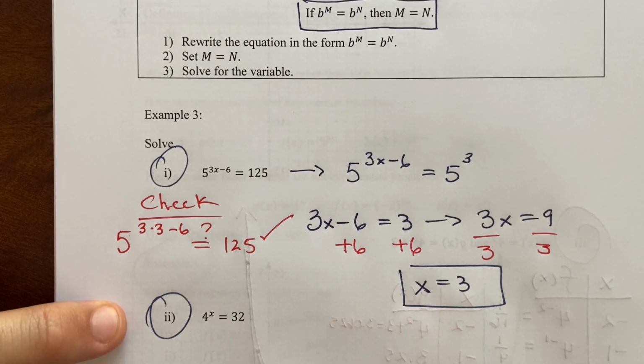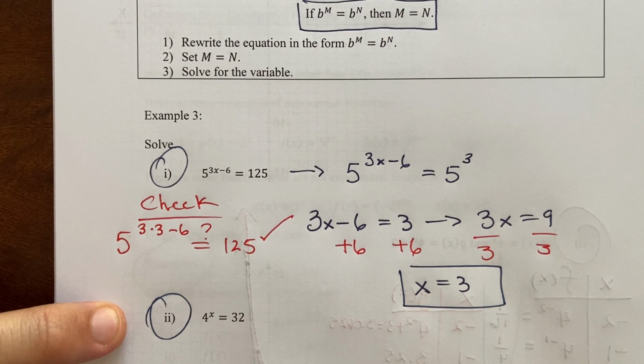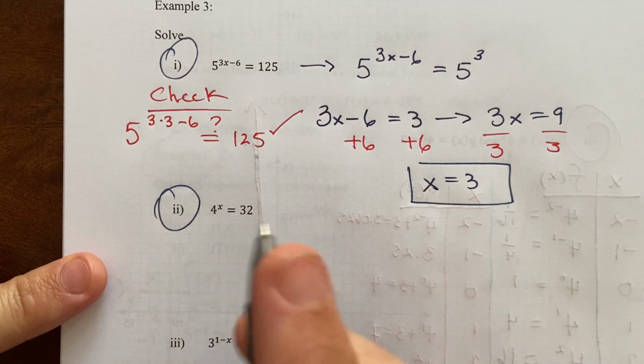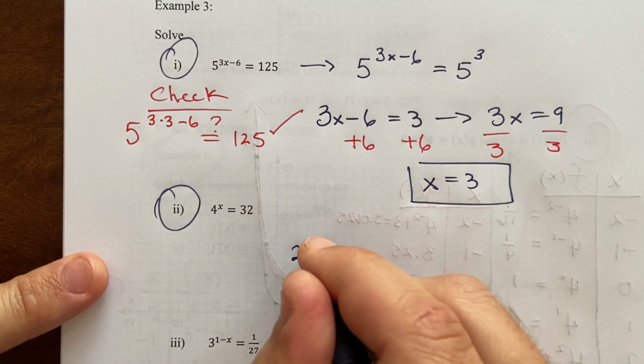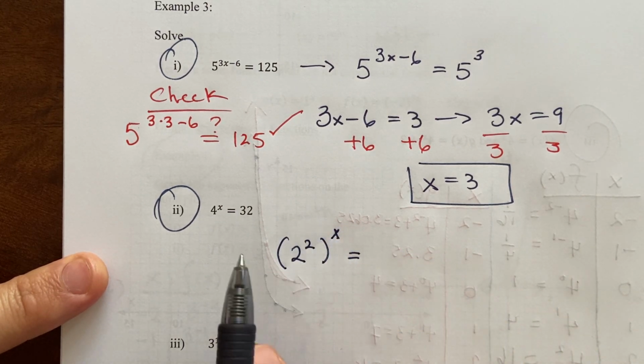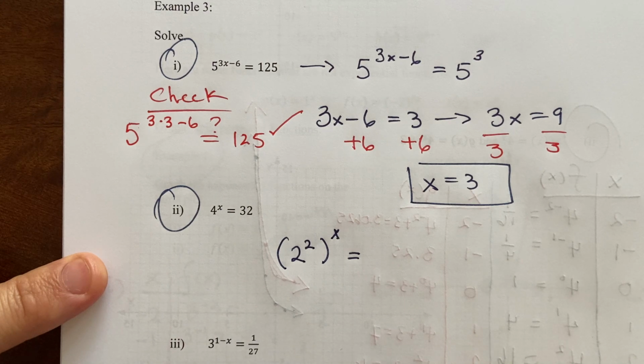In some cases, you'll need to actually change both sides. So I can't change a 32 into a base 4 that easily, but 4 I can change into a base 2. So 2 squared is the same as 4. And then if I raise that to the x, that'll be the same as 4 to the x.